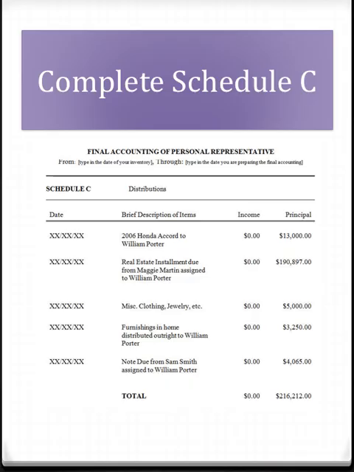But the basic point of what we're trying to illustrate in Schedule C is what transactions have taken place that took property that once belonged to Mrs. Porter and therefore became property of the estate, how they have morphed into the ownership of a beneficiary, and in this case the beneficiary is William Porter.